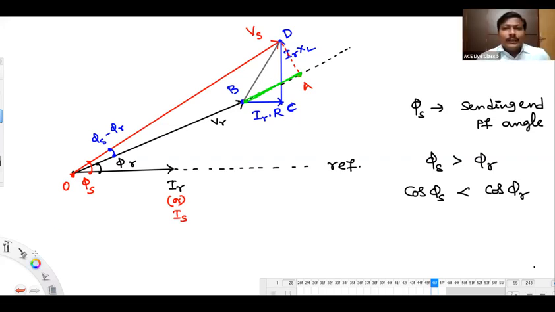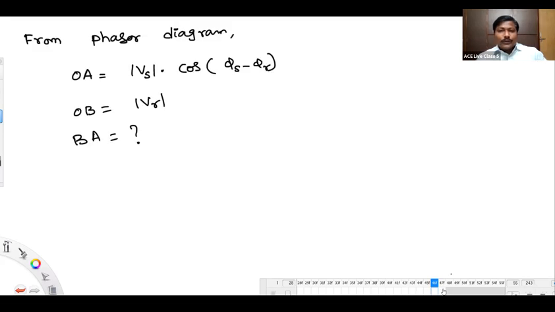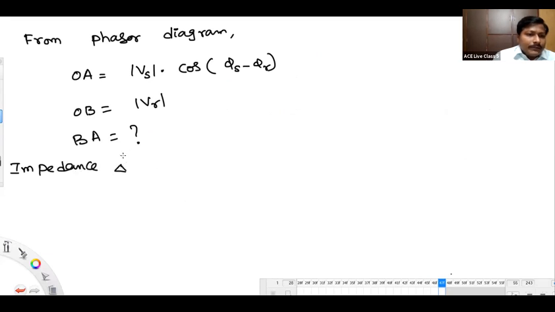See, this BCD triangle is a right angle triangle. Not only that, it is identical to the impedance triangle. So I'll show the impedance triangle here.